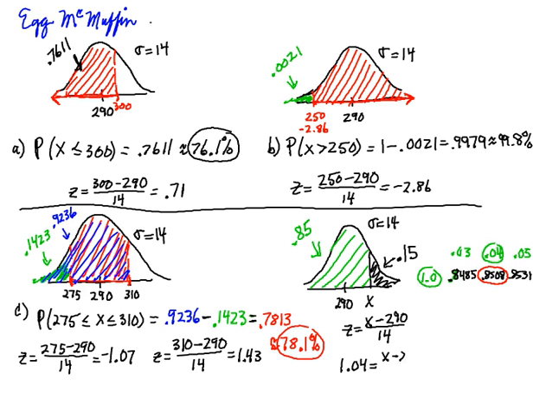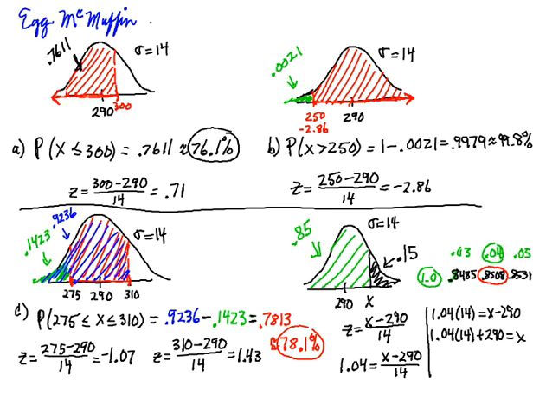So I'll have x minus 290 divided by 14. Now, multiplying both sides by 14, I have 1.04 times 14 is equal to x minus 290. And then the next thing you do is add 290 to both sides. And that total there will be x.